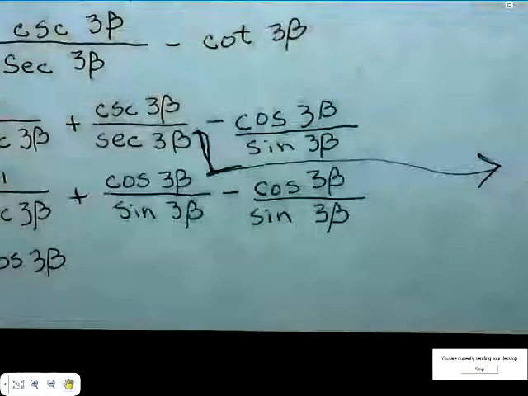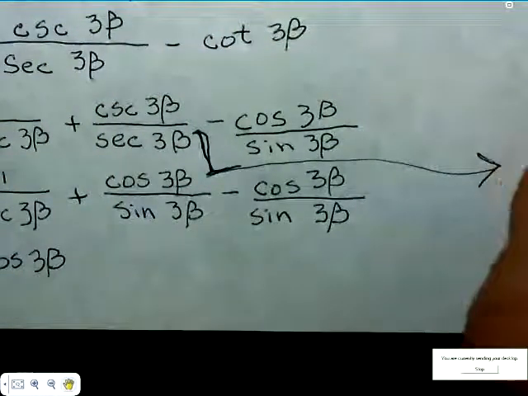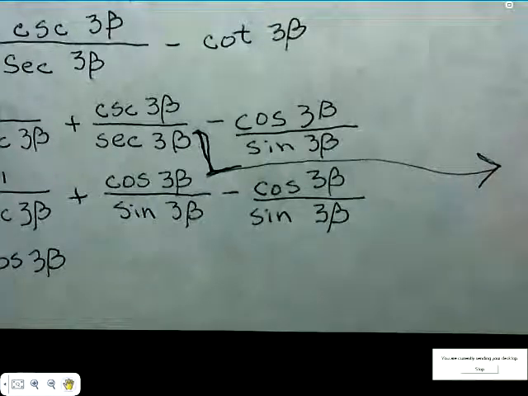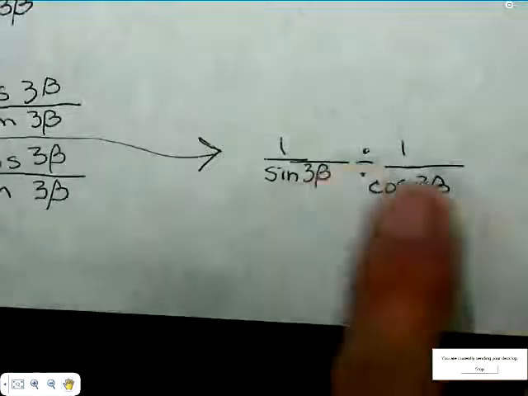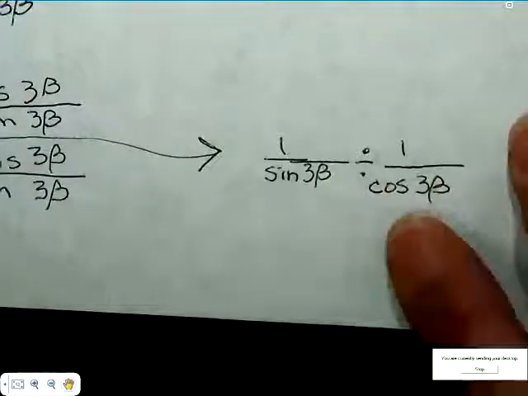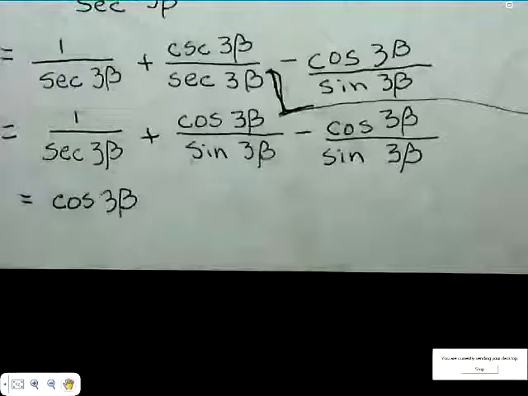That cosecant is 1 over sine, and that's divided by 1 over cosine. And then the way you divide by a fraction is to multiply by the reciprocal. When you take the reciprocal of that 1 over cosine, you get this.